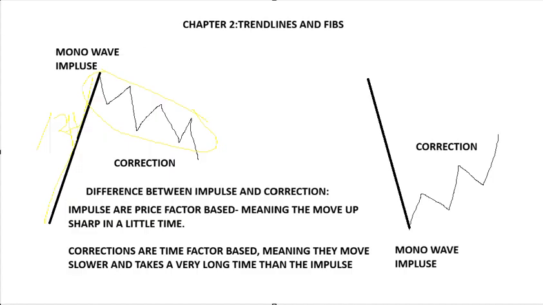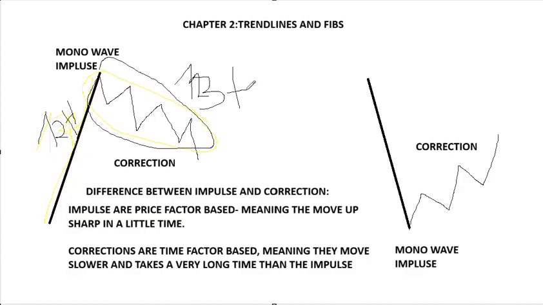If this was 12 hours, I'll just change this to black. Let's say this was 12 hours of price action moving to the upside, okay? Then I'm expecting this correction to be not less than 12 hours. To be exact, it's supposed to be 13 hours plus, okay?